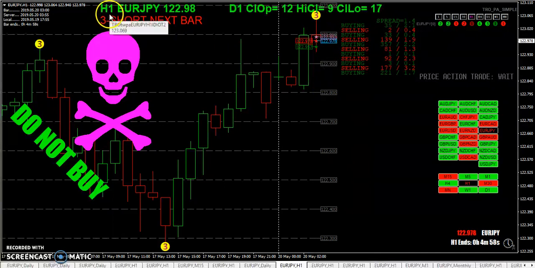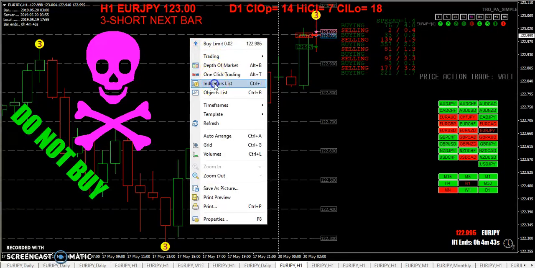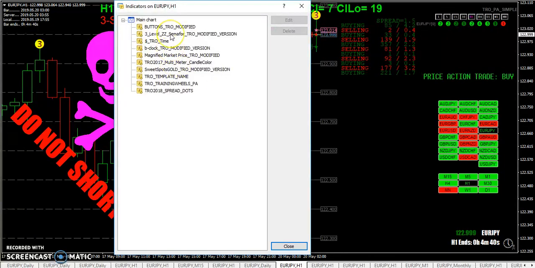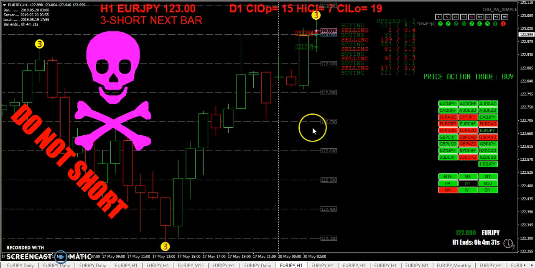Use the H1 time frame, and as you can see here, you see a 3 ball at the bottom, green at the line, go long. 3 ball at the top, and you can see the 3 level ZZ indicator even has one of my modifications right here. You got the training wheels, and that'll tell you what you should be doing. Pretty simple stuff.